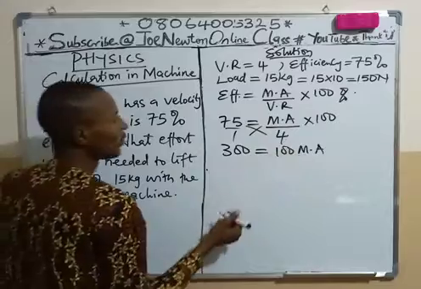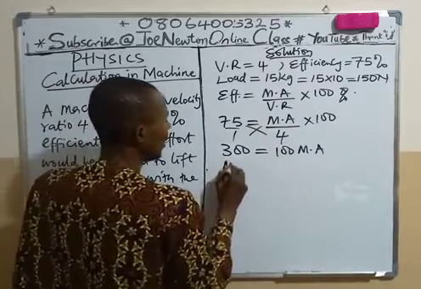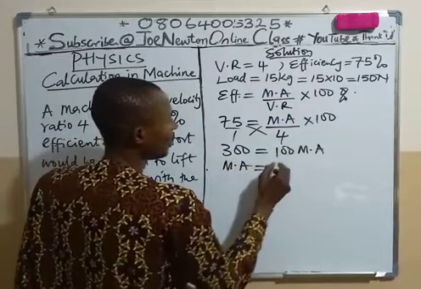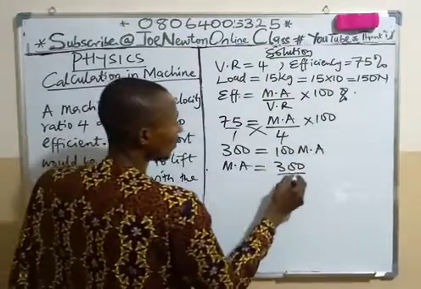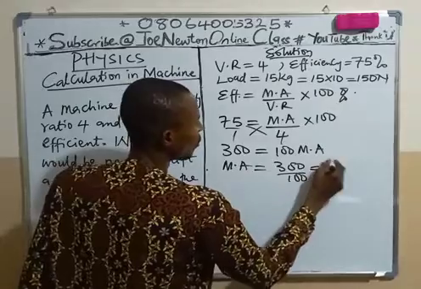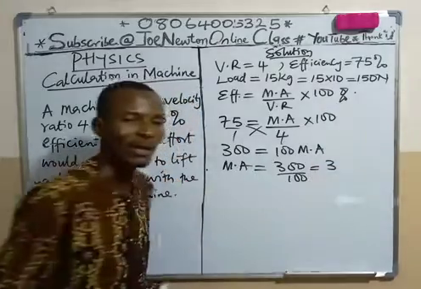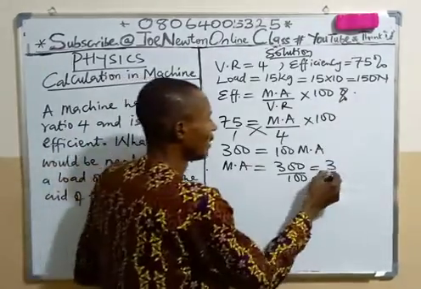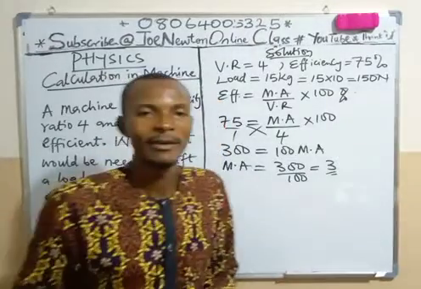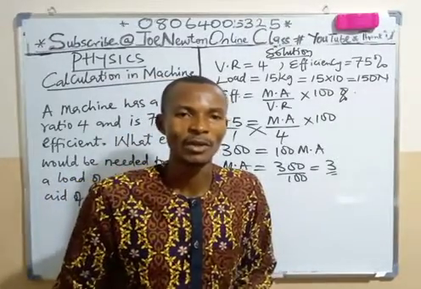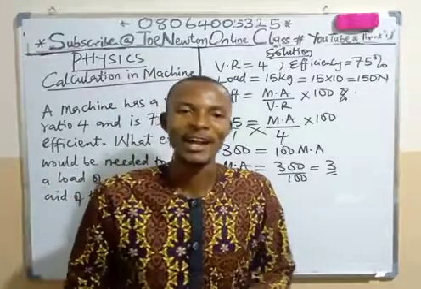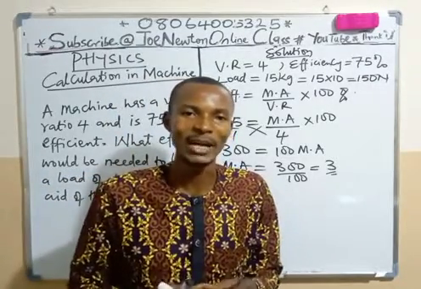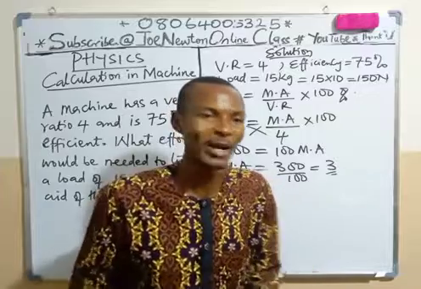So at this point, our MA will be 300 divided by 100, that is equal to 3. So our mechanical advantage is 3. But that's not the final answer required of us. We are going to use this as an instrument, an agent with which we will now determine the effort so required.